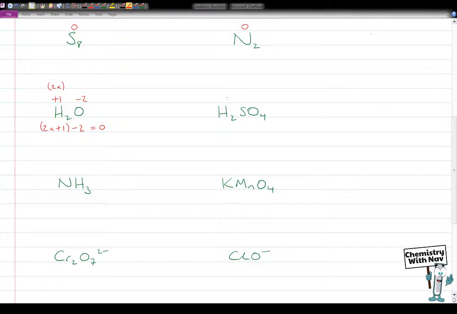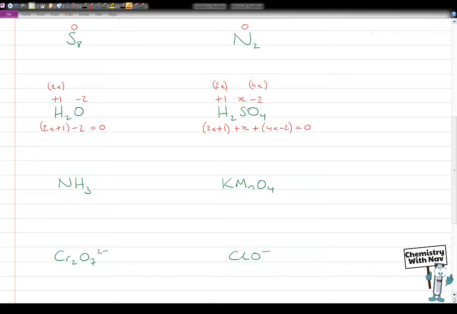If we apply that same idea to the H2SO4, the sulfuric acid, the hydrogens are +1, the oxygens are -2, but there are 2 of those hydrogens and there are 4 of those oxygens. There's only 1 of the sulfur. Let's just call that X. We can call it some unknown, but basically it's going to be X here today. So 2 times +1 plus X plus 4 times -2.